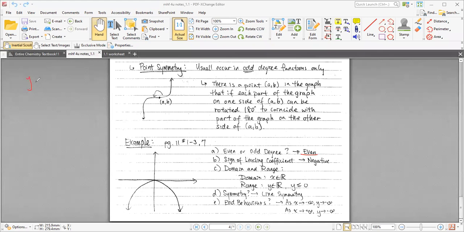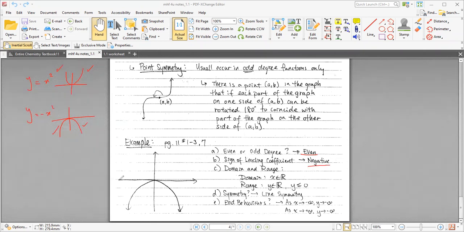I know y is equal to x power 2 looks like that. The end behavior is quadrant 1 and quadrant 2. And y is equal to negative x power 2, the ends are going to be here and here. Of course, when the leading coefficient is negative, the ends go down, so the leading coefficient is negative here.